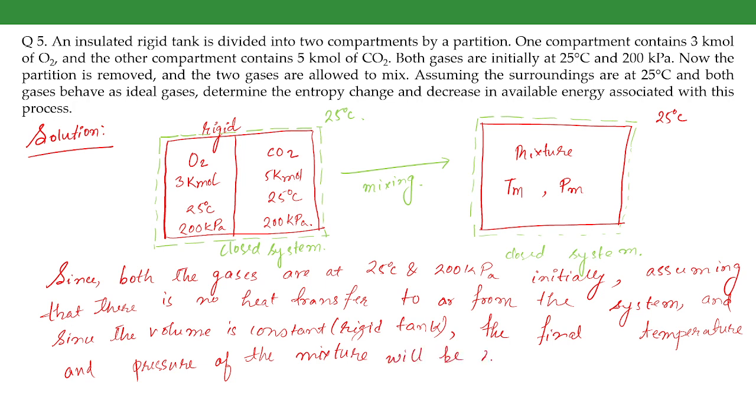Will be 25 degrees Celsius and 200 kPa. Okay. As I have already explained before, the temperature and pressure of the mixture will be equal to the temperature and pressure of the individual components. Now, what is the change in entropy of the system due to mixing?